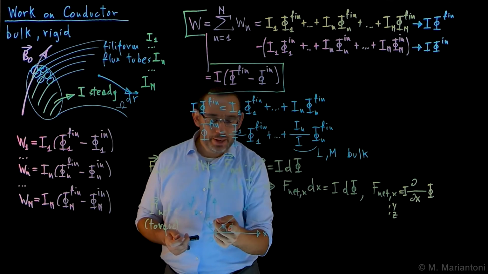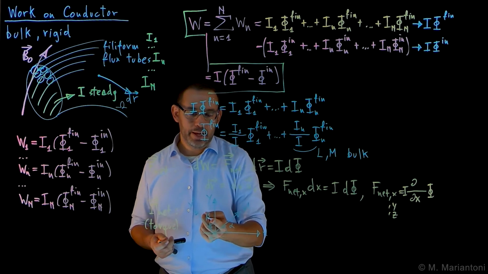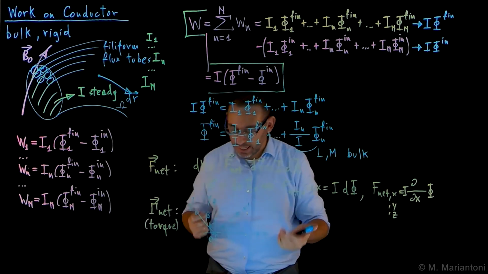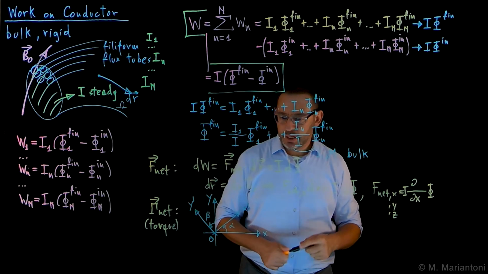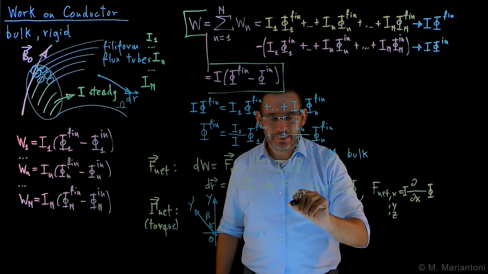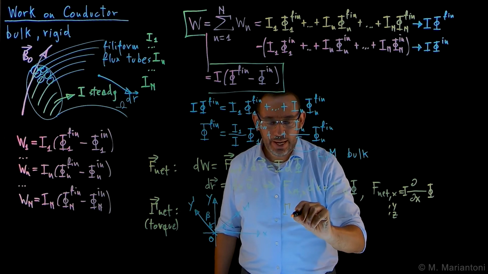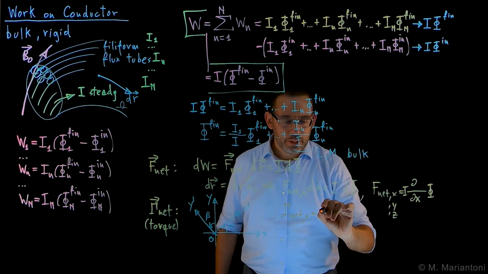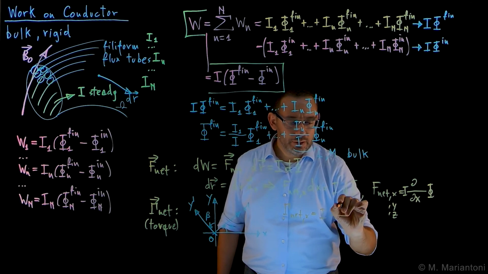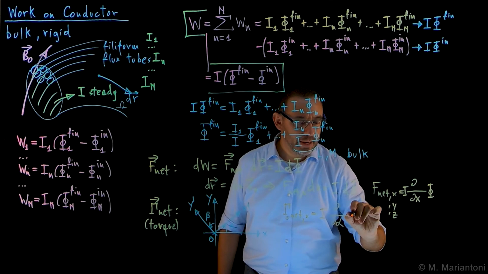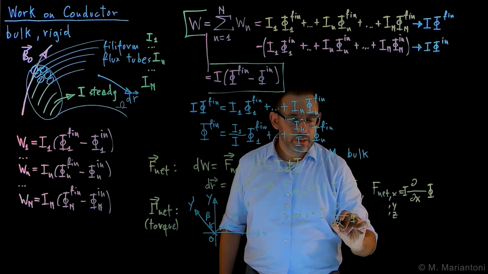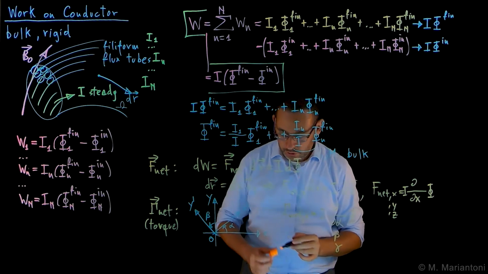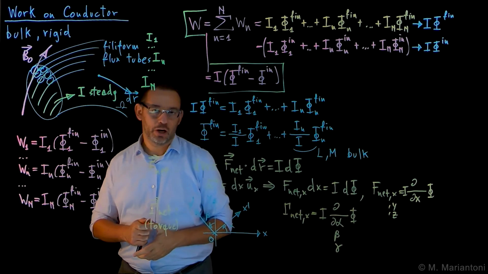So x goes to x prime by an angle alpha, and beta is the angle which goes from y to y prime, and I can generalize this to any angle you want. And so in this case, the net torque, gamma x net, is going to be similar to this definition here. It's going to be the current, but now I have the partial derivative with respect to that angle, which I can vary, of the flux. And of course, I can do the same thing for beta and gamma if I go to 3D. And so this is the way you get the torque, okay?